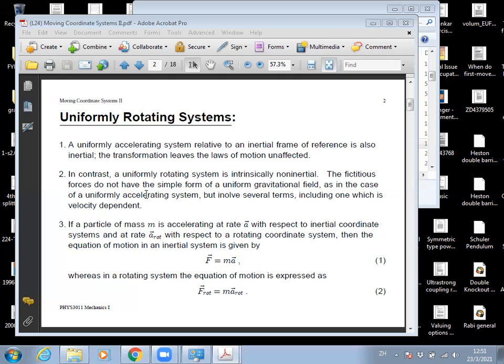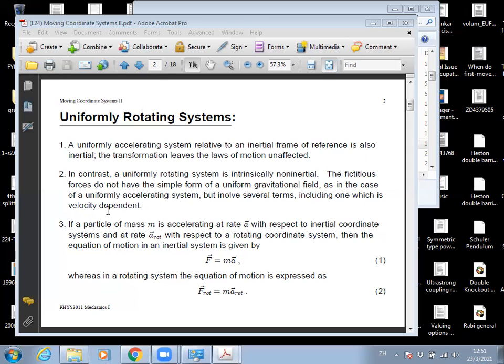Then, obviously, we know that the Coriolis force, Coriolis acceleration, depends on velocity, right? So we can expect that one part of the fictitious force must be velocity dependent as well.